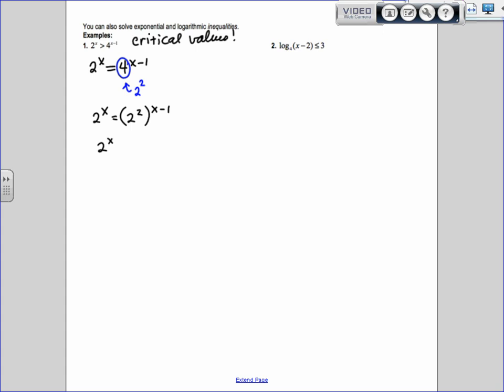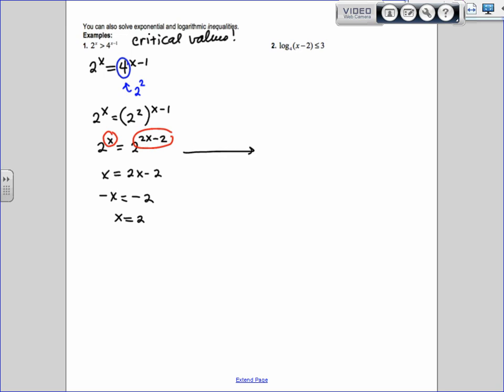So I'm going to have 2 to the x equals 2 to the 2x minus 2. So my powers are equal to each other. So I have x equals 2x minus 2. Subtract my 2x over. Negative x equals negative 2, so I get x equals 2.